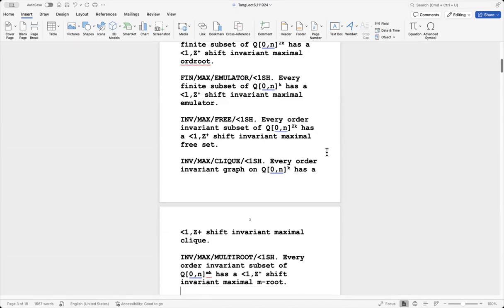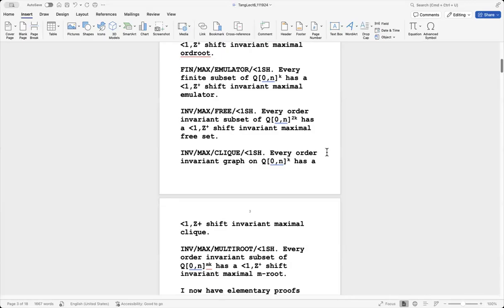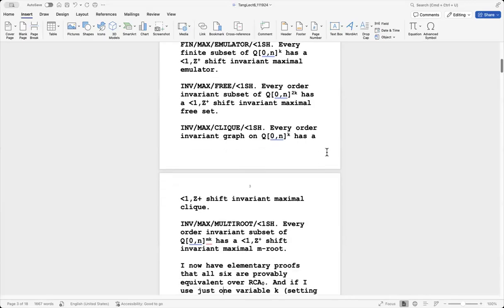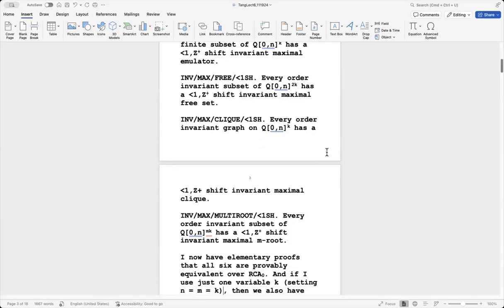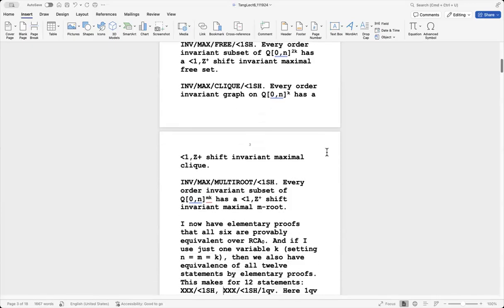And then finally, a generalization of the root. Every order invariant set in MK dimensions has an invariant maximal M root, meaning the mth power is contained in the original set. These are the 6 lead statements. And what's new here is that I have an elementary proof that all 6 are equivalent over RCA naught.